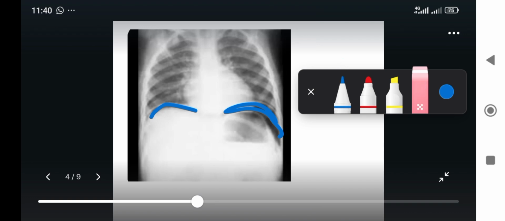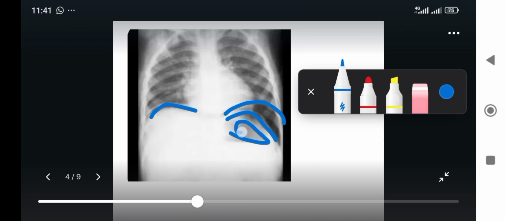But if you look closely on this side, you will see a line. That is the diaphragm, the left diaphragm, the wall. Then you see another one here. That is that of the stomach. This one is air fluid level in the fundus of the stomach.